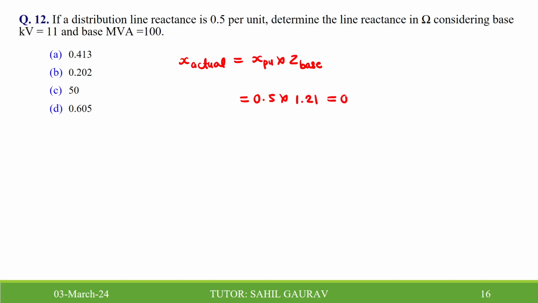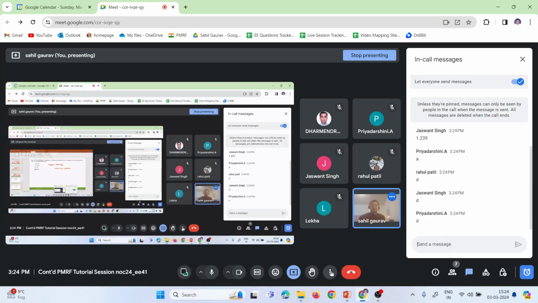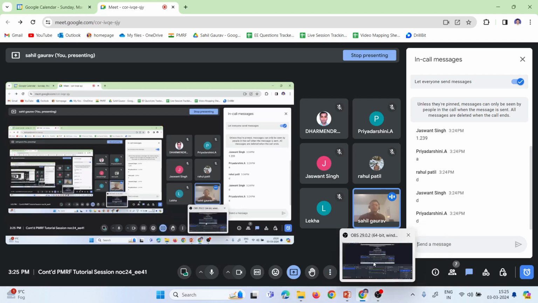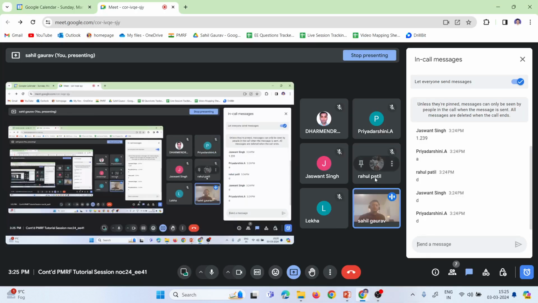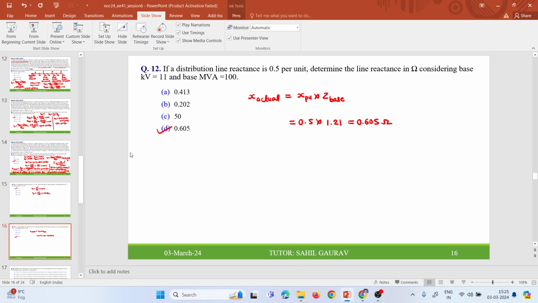So it will give you 0.605 ohm. Therefore D is the correct answer. Yes, Jaswant, Rahul, Priyadarshini, all of you are correct. And then the next problem.